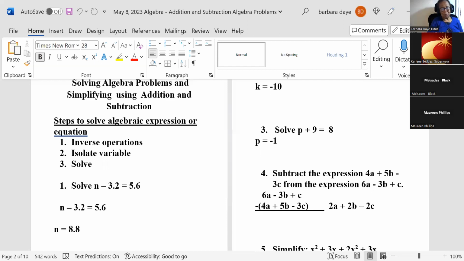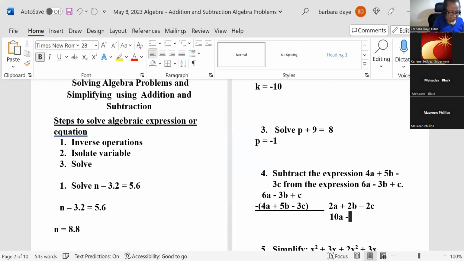Mercedes, what did you get? Well, it seemed like I did it wrong. What's your answer? I have 10A. Let me write your answer. What's your coefficient of the A? 10. You got 10A? Yes. Okay, what's your B? My B is 2B. Plus or minus?